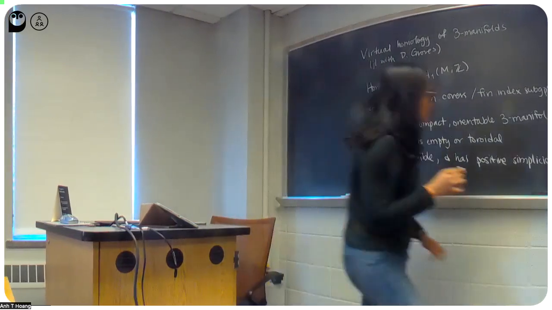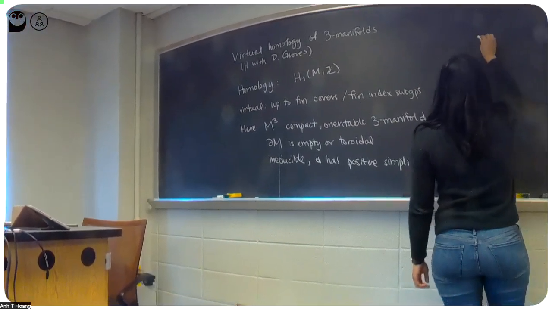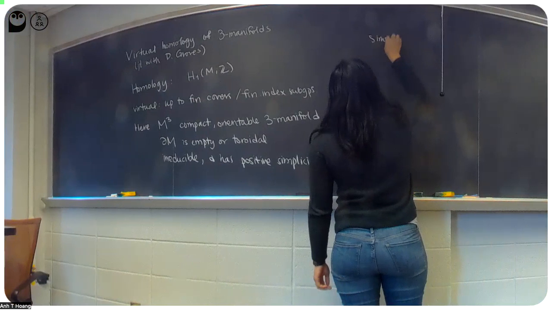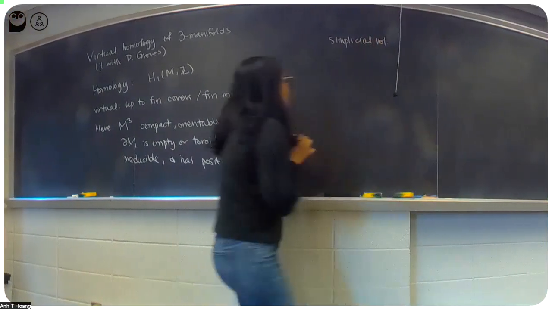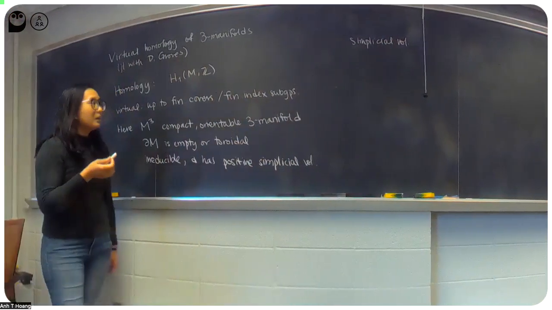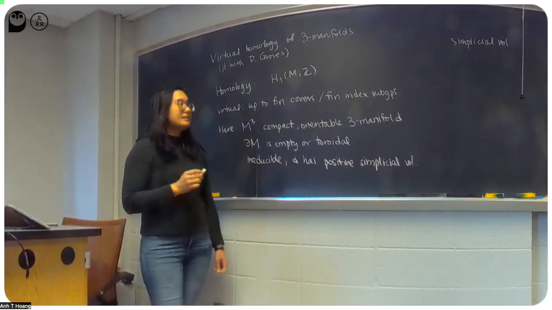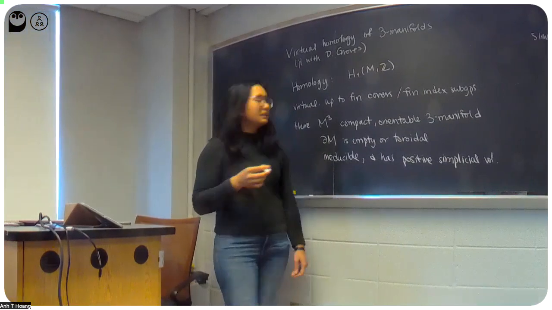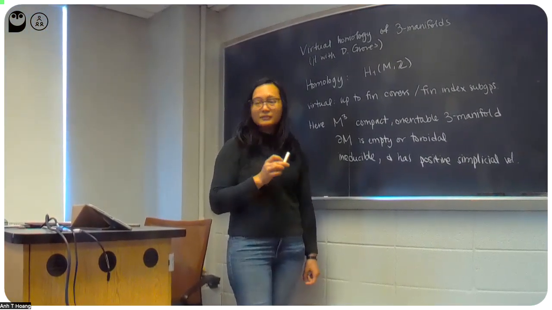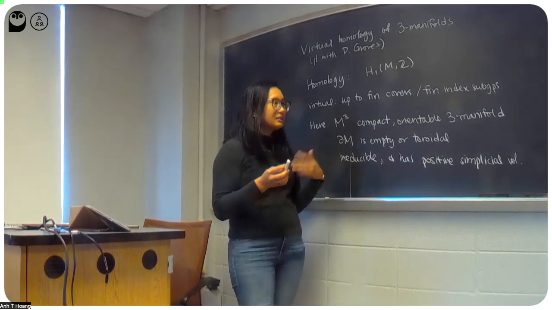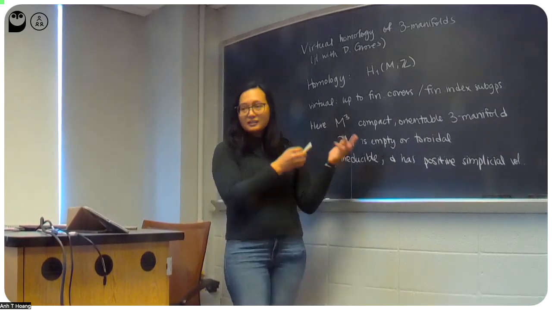So let me tell you a little bit about simplicial volume. This is a homotopy invariant that was defined by Gromov in the early 80s. So this is classical. Or my definition of classical is anything that was from before I was born.